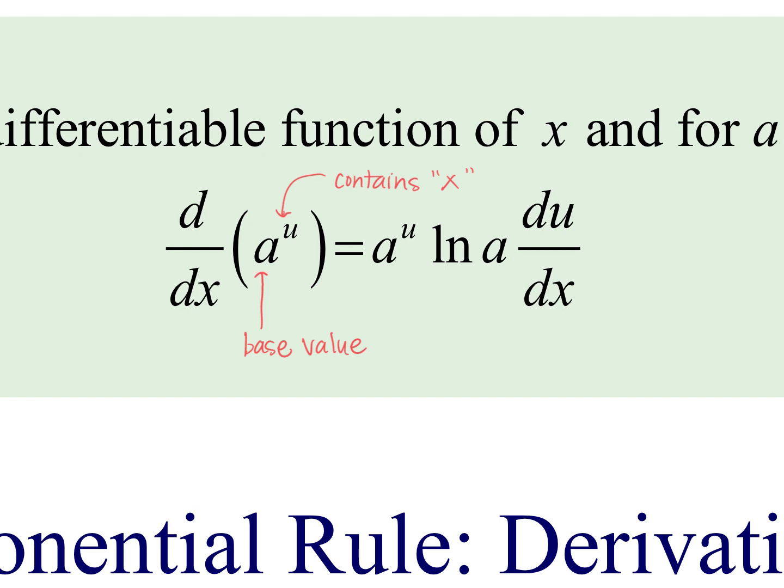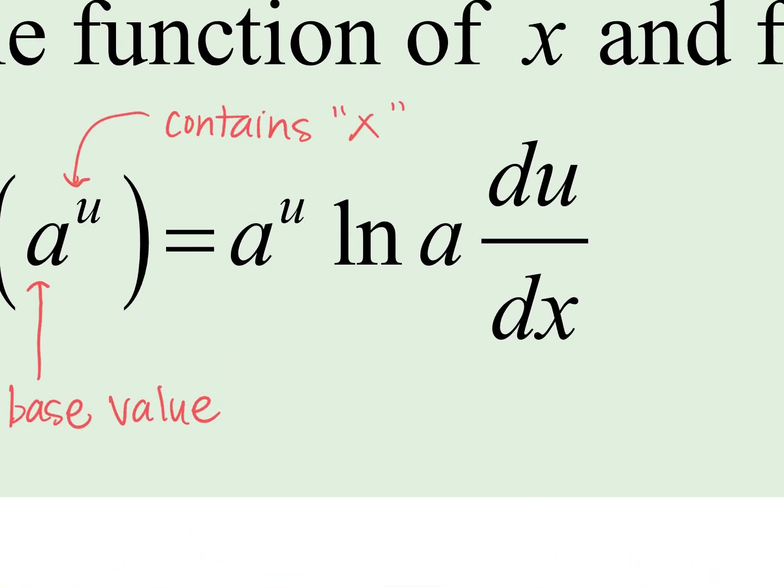There are 3 parts to this derivative. I'd like you to put the implied parentheses in like we did with the product rule, where we would do parentheses, parentheses, plus, parentheses, parentheses. This has 3 of them. So parentheses goes around a to the u, and then parentheses goes around ln a, and then the final parentheses goes around the chain rule derivative.